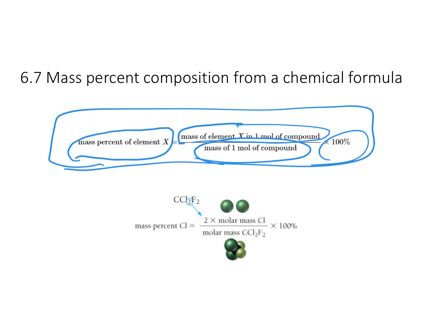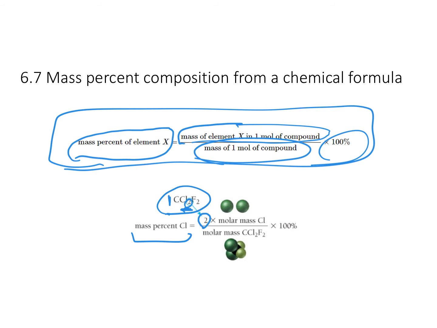Good. For instance, if you want to calculate mass percent composition of Cl, chlorine atom, in CCl2F2, you remember that you have 2 chlorine atoms in 1 mole of this compound, right? That's why you put 2 here, because this would be mass of this element in 1 mole of the compound.